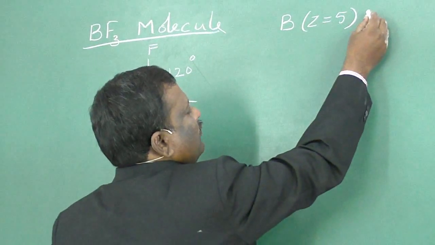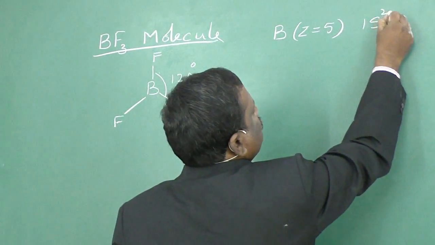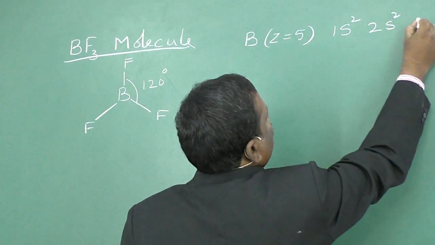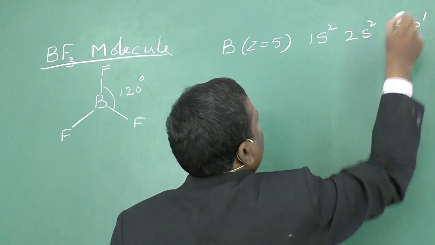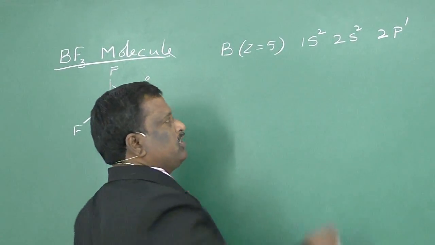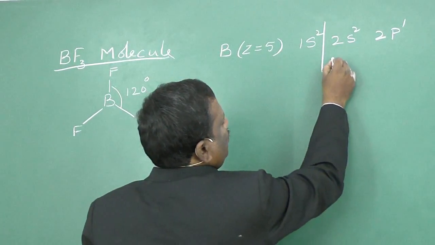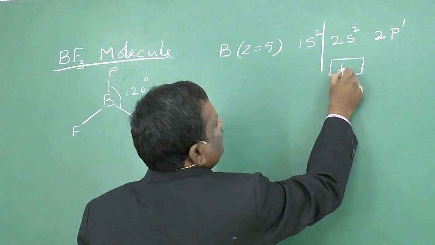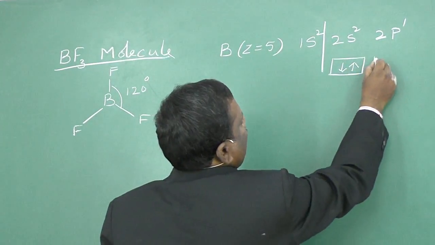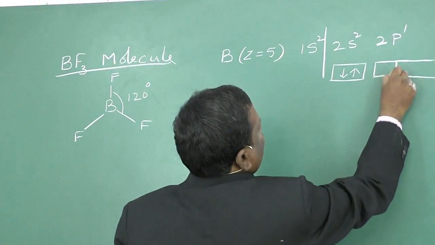So the electronic configuration of boron is 1s2, 2s2, 2p1. This is the valency shell of boron. In the valency shell of boron, we have 2 electrons in 2s orbital and 1 electron in 2p orbital.